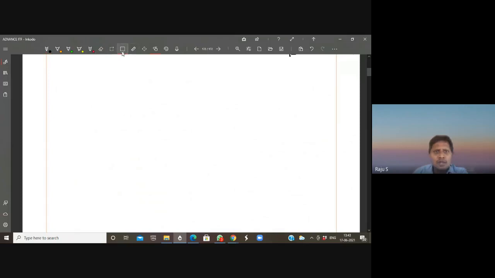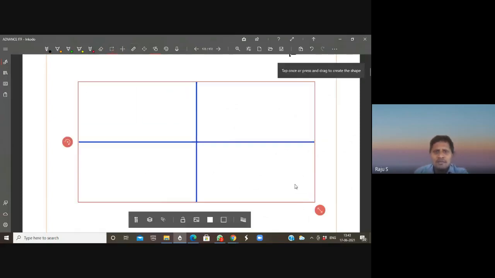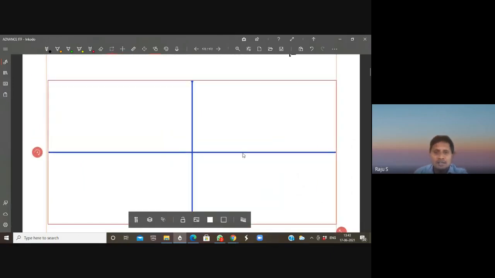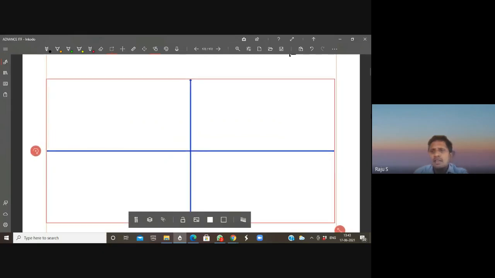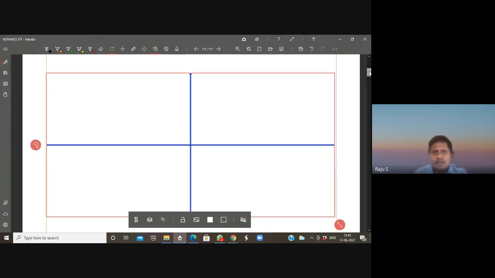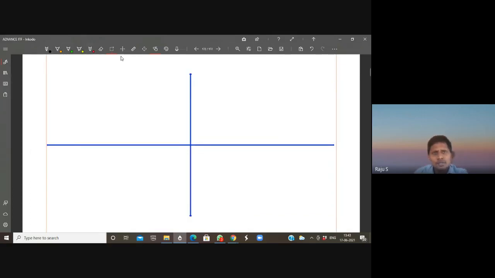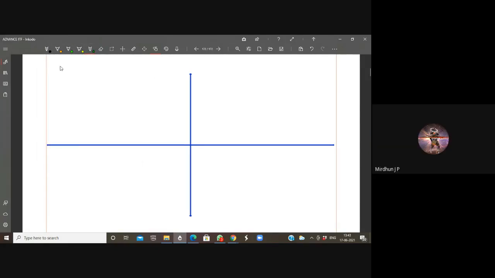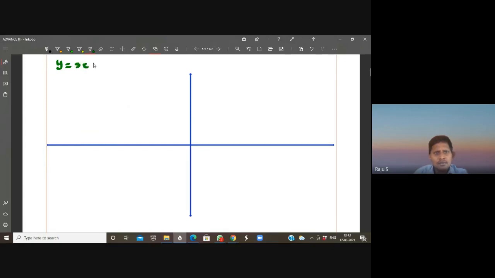When you want to draw the graph of secant or cosecant x, if you remember the sine graph, you can easily get the graph of cosecant. Shall we draw the graph of cosecant or secant? Your wish, students. Secant. Okay, y is equal to secant x.